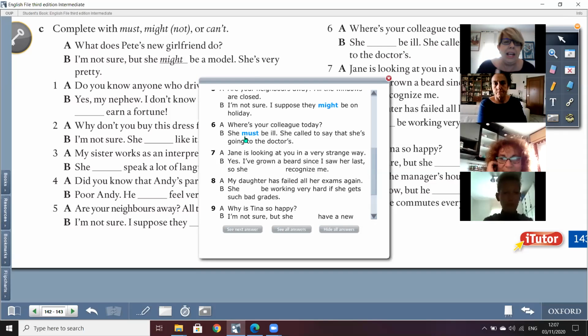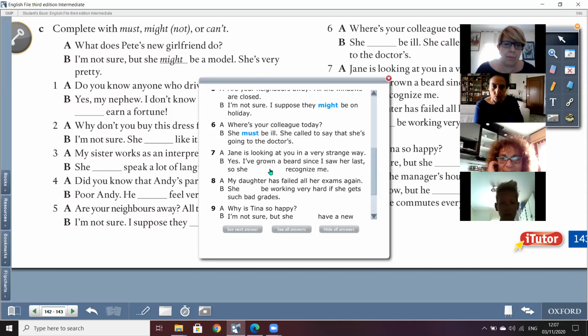Anna, if you use might, as grammar it is correct, but the meaning is not really proper, because if she's going to the doctor, there's no other reason to go if you're not ill. Okay?